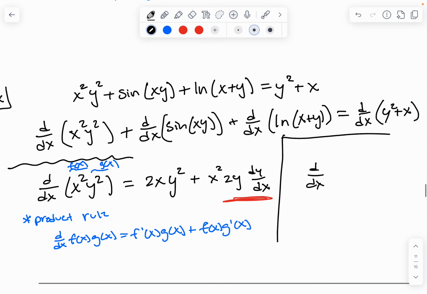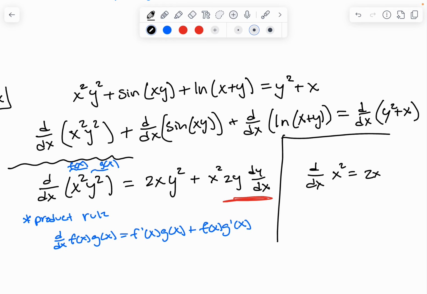The derivative with respect to x of, say, x squared is equal to 2x multiplied by d of the variable that you just took the derivative of, x, over d of the variable with respect to which you're taking the derivative, so in this case x, so dx. The dx over dx cancels out, so you're just left with 2x.